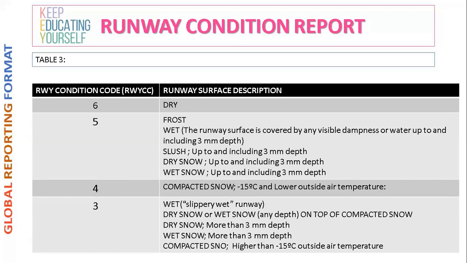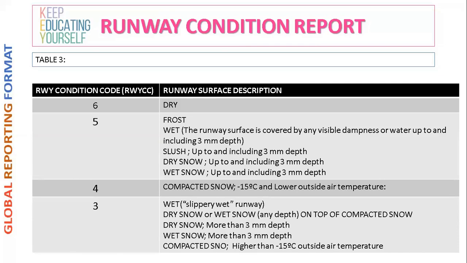We will see later, because there is a change in runway condition code if the depth changes. So remember again, in 5: frost, then wet, slush, dry snow, wet snow, and in brackets they have mentioned that the contaminant depth is up to and including 3 mm. Then we have to report runway condition code as 5.